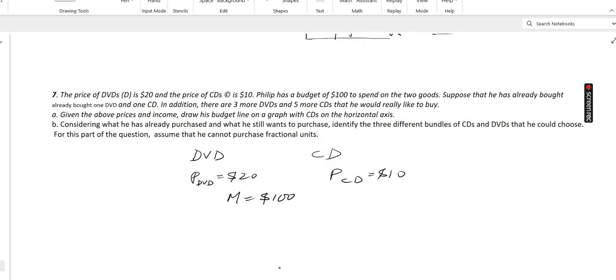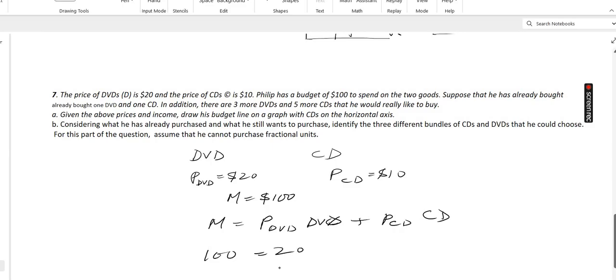As you know, the budget line is M equals price of DVD into DVD plus price of CD into CD. So M is equal to 100, price of DVD is 20, we'll keep DVD as it is, plus price of CD is 10 into CD. So here we go with the budget line we have made.